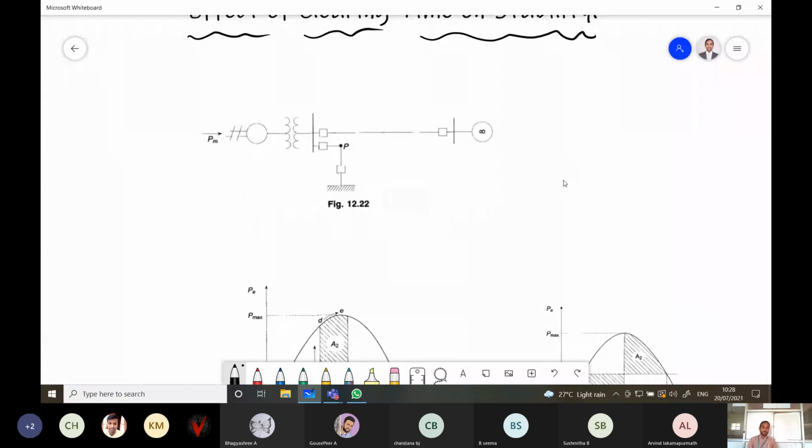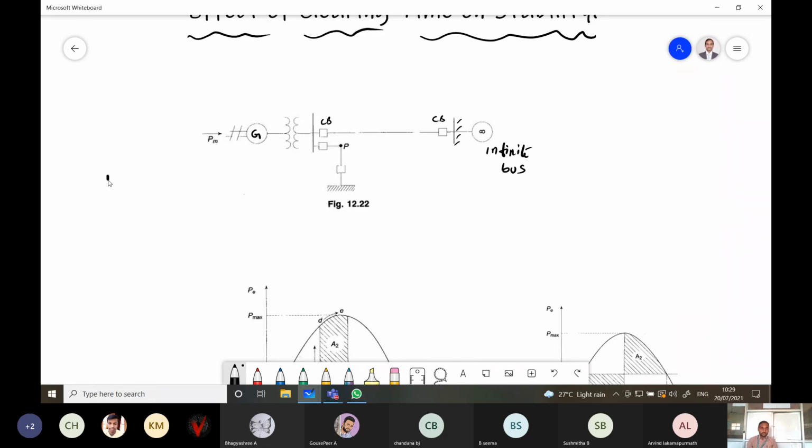Consider this system, having a generator. Mechanical input is given. Suppose this is the transformer, the transmission line is there, circuit breakers are present, and this is the infinite bus. It operates with the mechanical input PM at a steady state angle of delta naught, such that PM naught is equal to PE naught.